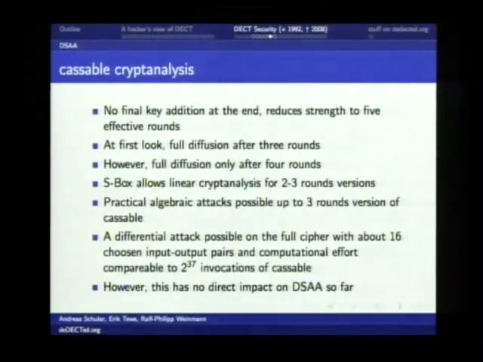And you can then break the cipher with an effort which is comparable to 2^37 invocations of the block cipher. So in theory, you should need 2^65 invocations of Cassable to break Cassable. But with this attack, you can do it with 2^37 invocations.